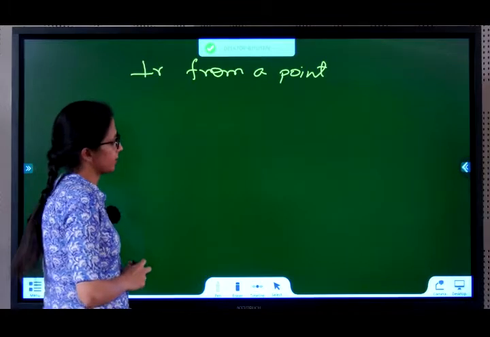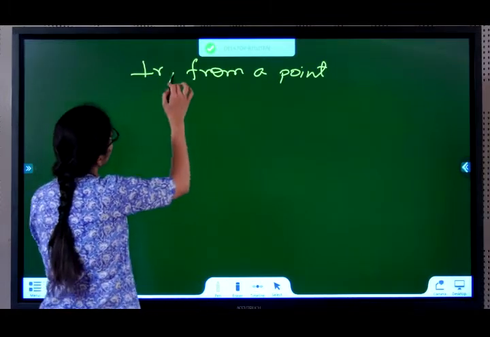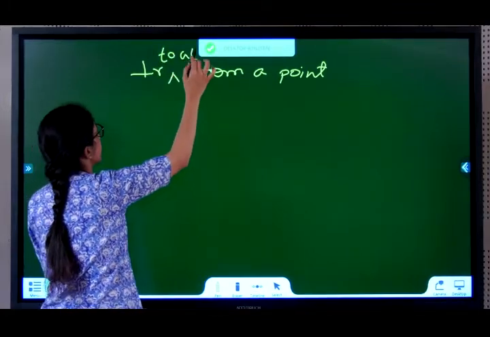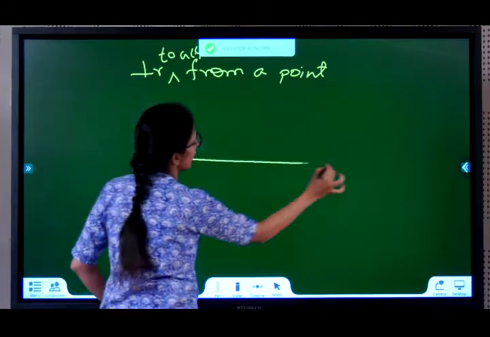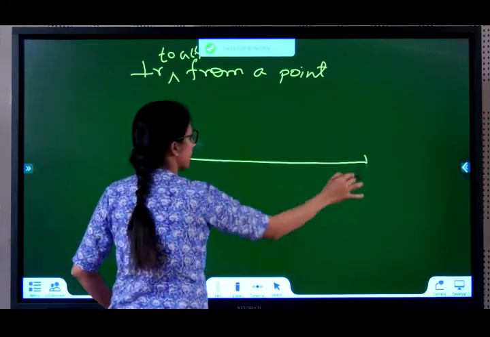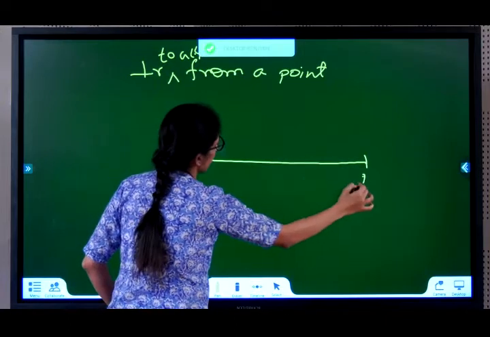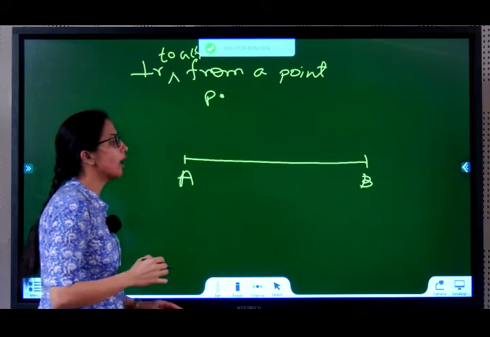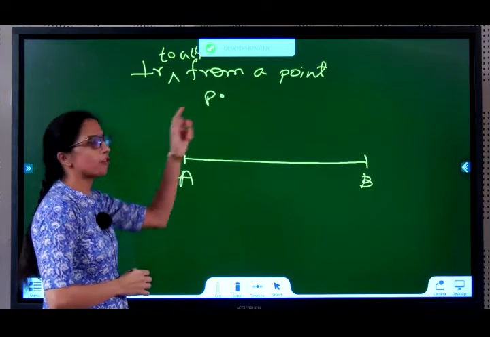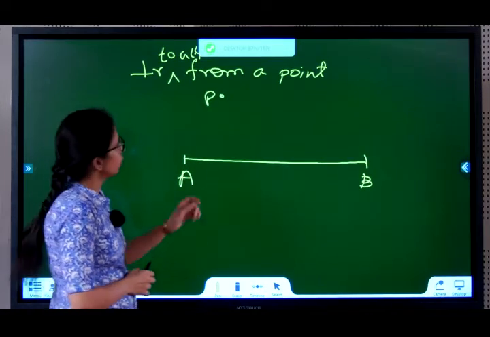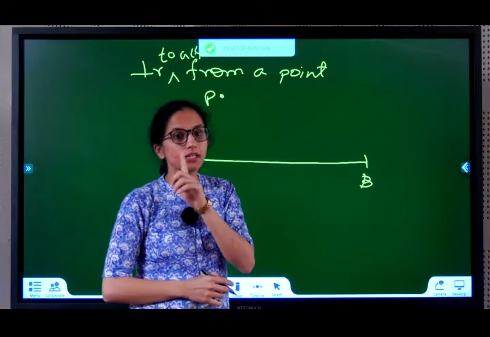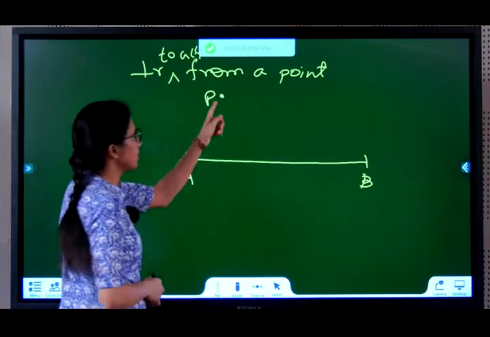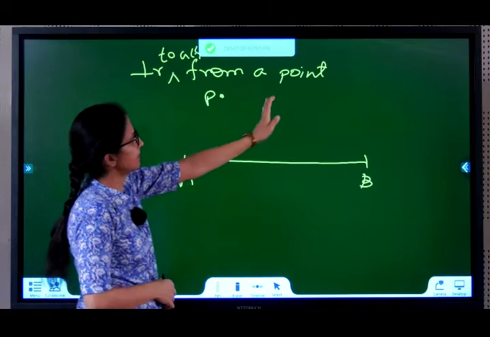Perpendicular from a point. So perpendicular to whom? To a line segment. Let's say we have a line segment here, AB, and we have a given point P over here. You have to drop a perpendicular from P. It's not a perpendicular bisector, it's just a perpendicular. You cannot drop a perpendicular bisector from P unless P is somewhere here.